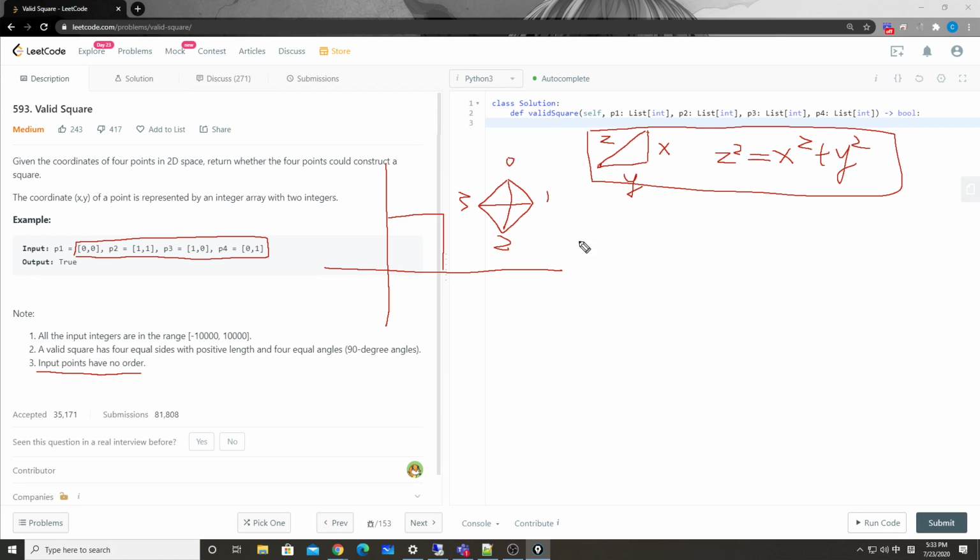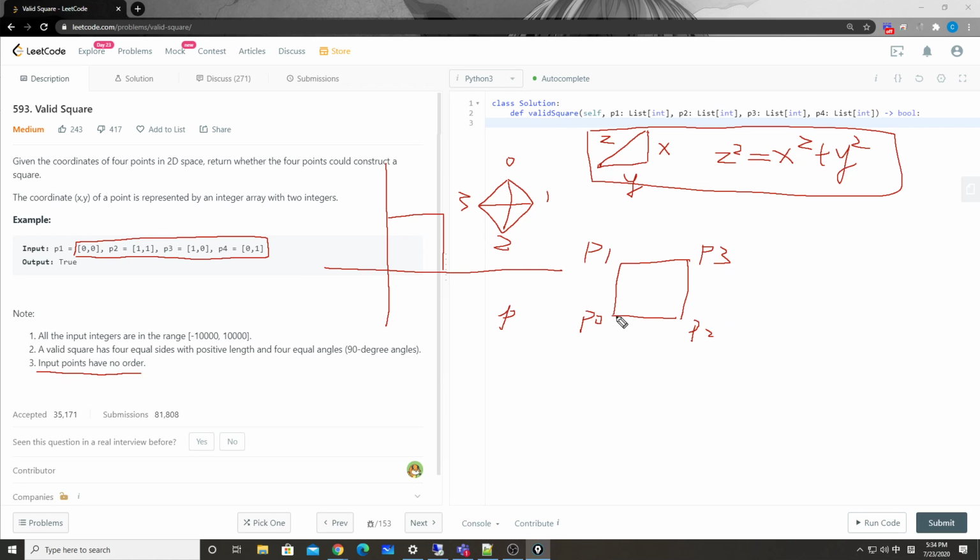So one way of doing this is to sort by the first element. We can sort by x and then by y. If we sort by x then by y, we'll always have p0, then p1, then p2 and p3.